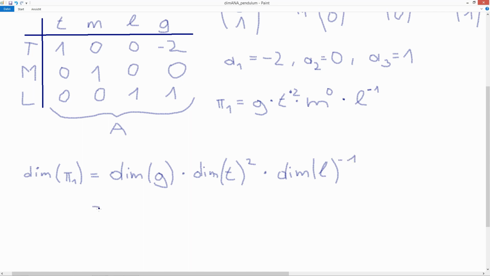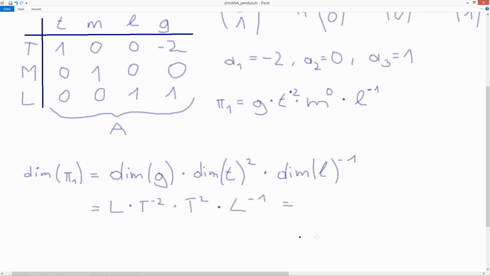So the dimension of g is capital L times T to the power of -2. The dimension of t to the power of 2 is capital T squared, and the dimension of small l is capital L to the power of -1.